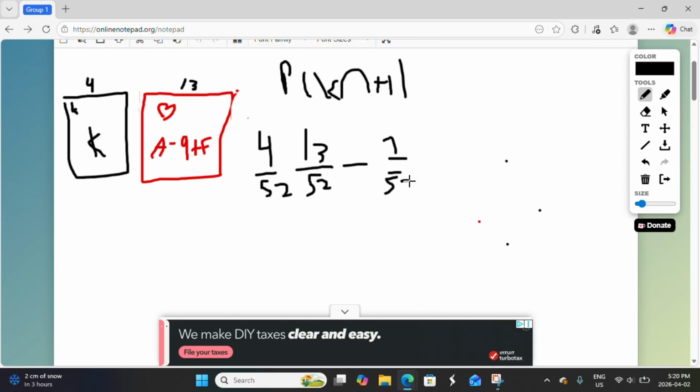Just 1 over 52. So you would add these two and subtract it from this, which is equal to 16 over 52. And I'm pretty sure this can be simplified, but this is just how you do it.